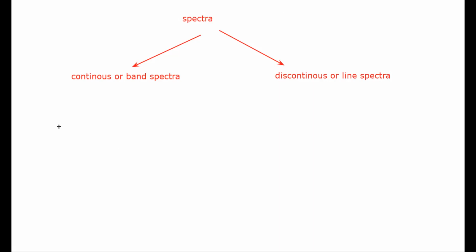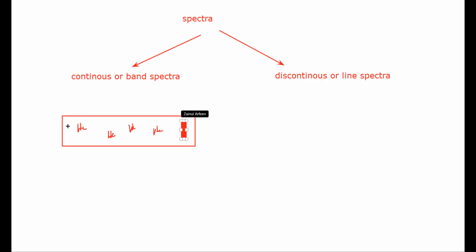Continuous spectrum means, for example, if you have a tube which is filled with helium, and this tube is connected with electrodes, when you switch on the supply, these helium atoms vibrate.